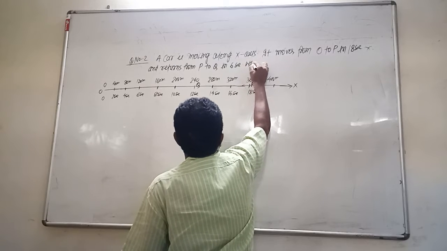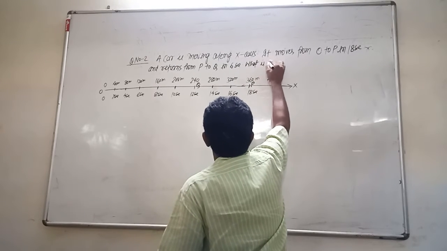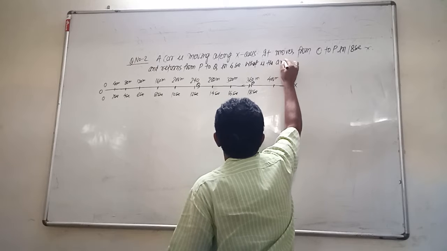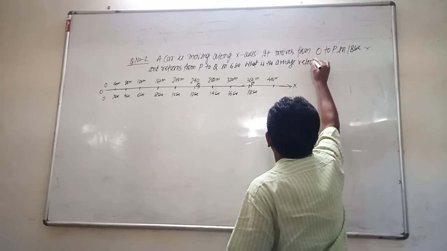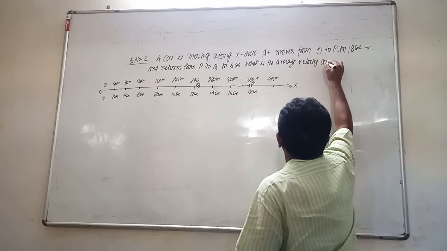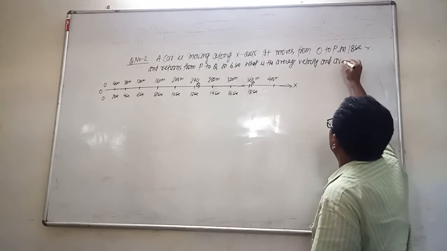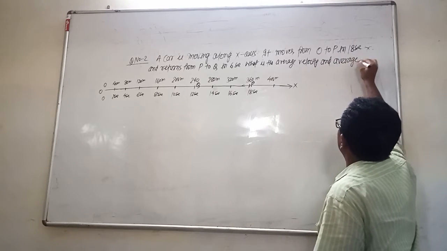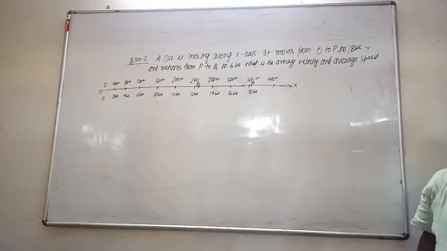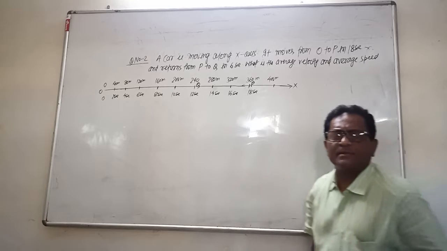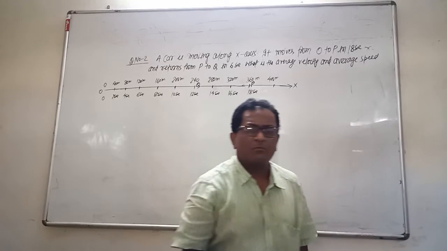So what is the average velocity and average speed? What is the average velocity and average speed in going from O to P?